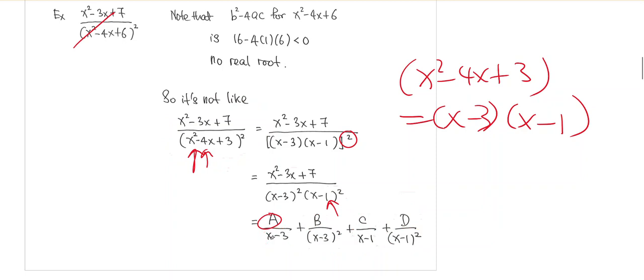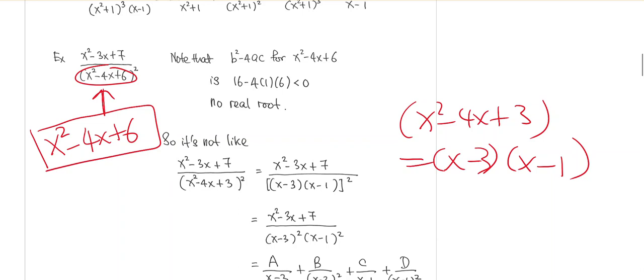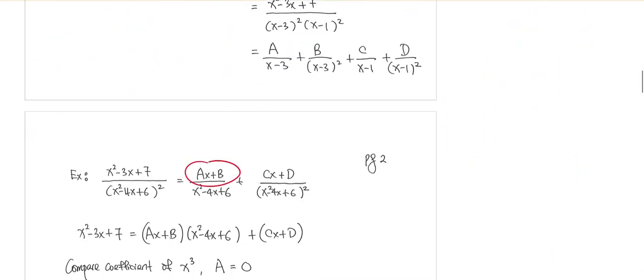But in this example, if this term is not factorable, your repeating term is not going to be linear. The thing you're going to repeat is this quadratic term. This is a base term now. Because your base term is like this, on top it should match with a polynomial of degree 1. Your base term that is actually repeating is x squared minus 4x plus 6.